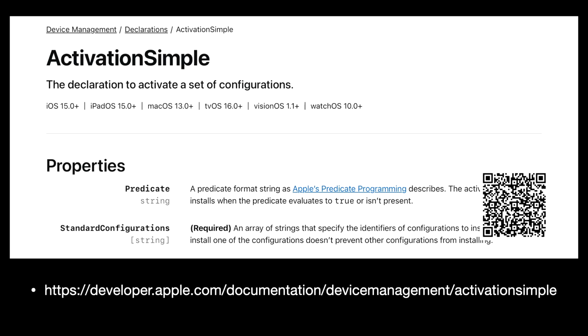Currently, there's only one type of activation, as far as I know, the activation simple. But the power here lies in the predicates. And it's similar to how the OS log and querying unified logs works. You can pass predicates to filter things.